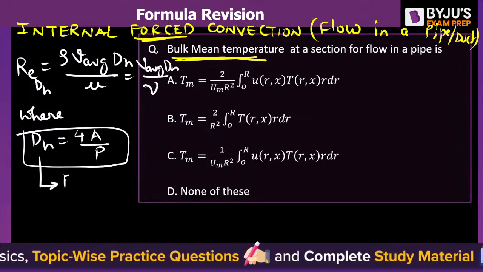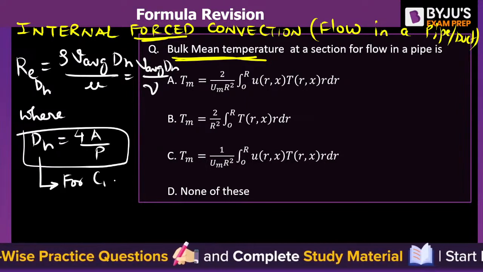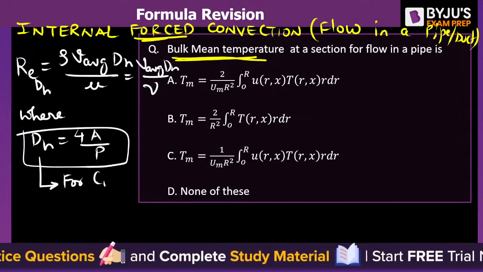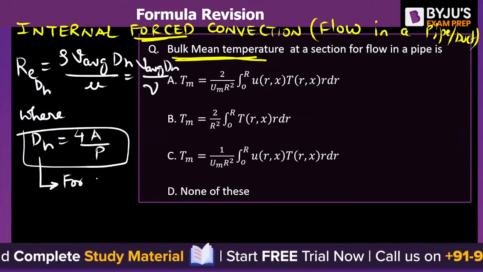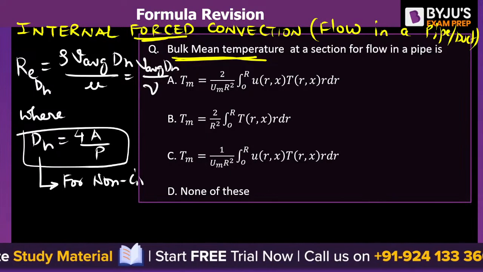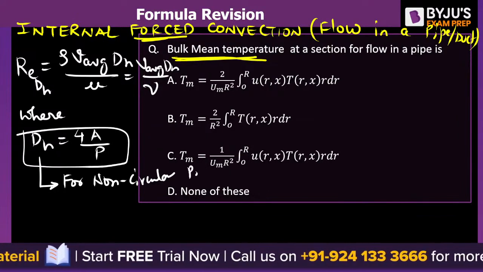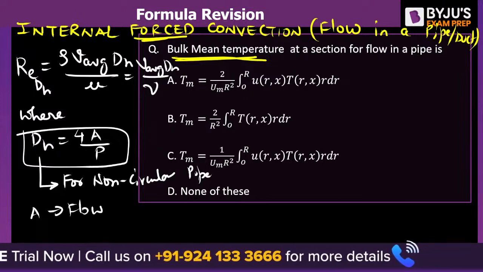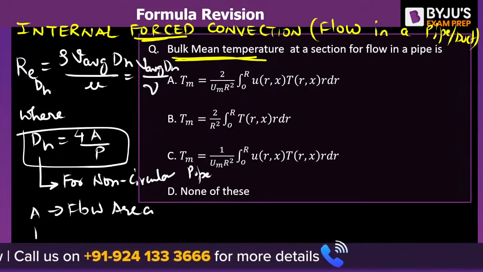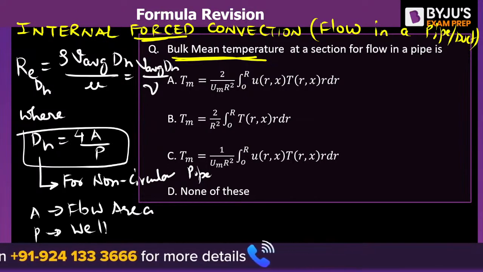If the pipe has a non-circular cross section, then we define the hydraulic diameter, where A is the flow area and P is the wetted perimeter.